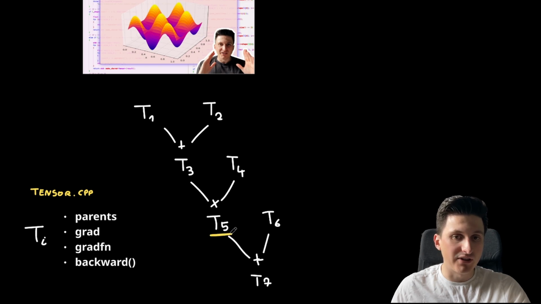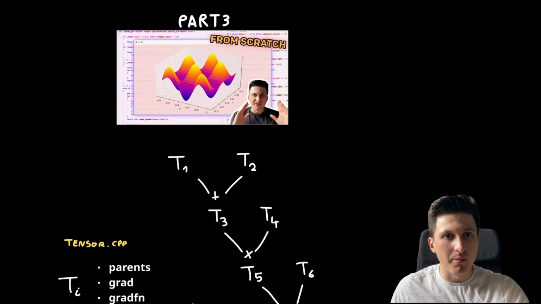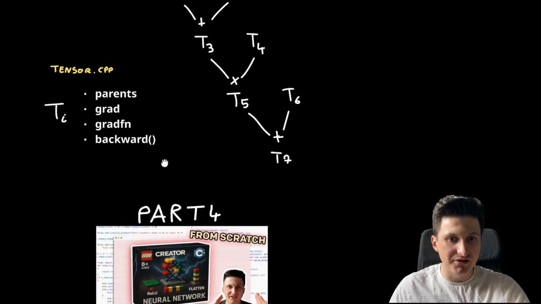So the gradient of tensor 5 with respect to tensor 7, for example, using the grad_fn function, which is capable of updating the gradients of the parents of each tensor. And we did a lot of manual derivations for these grad_fn functions, so definitely watch part 3 of the series if you're interested in that.